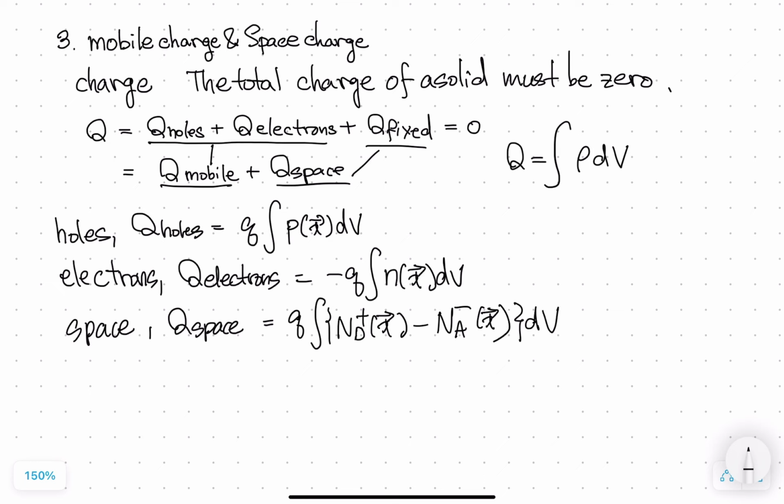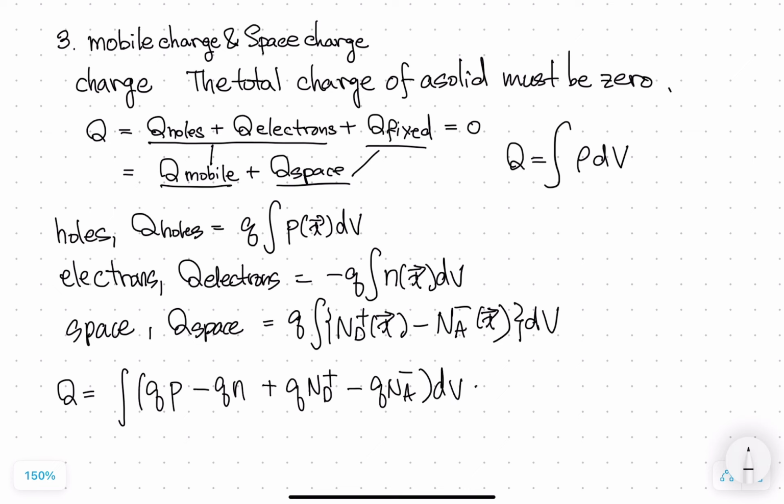And when we add all of that up over the entire volume, the total charge comes out to be zero. Q equals integral of q(p minus n plus Nd plus minus Na minus) dV, and this term will be rho total, and Q total equals zero. So again, the whole material stays electrically neutral.